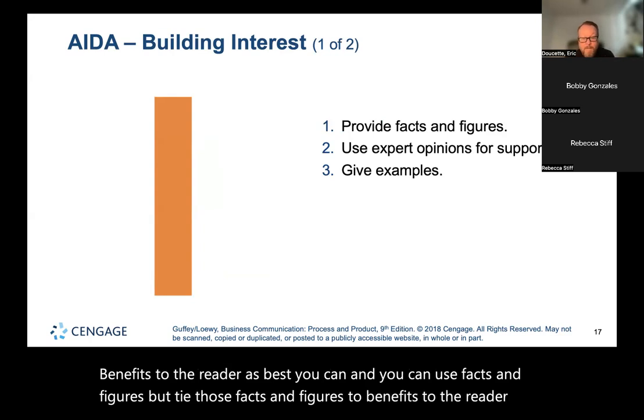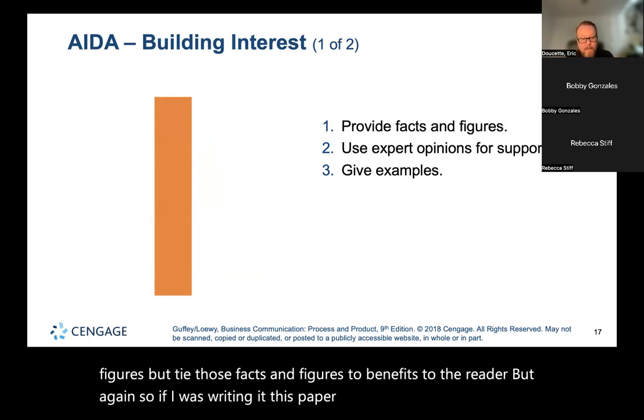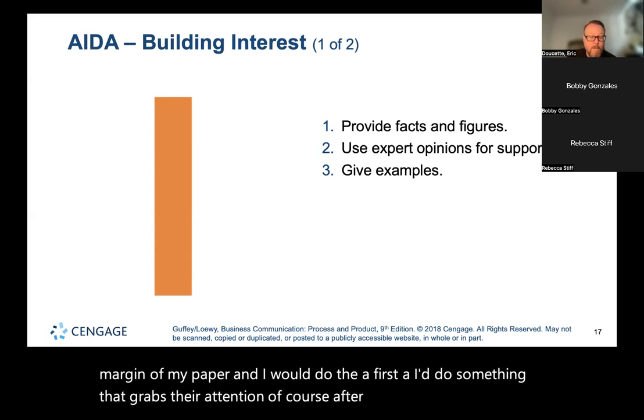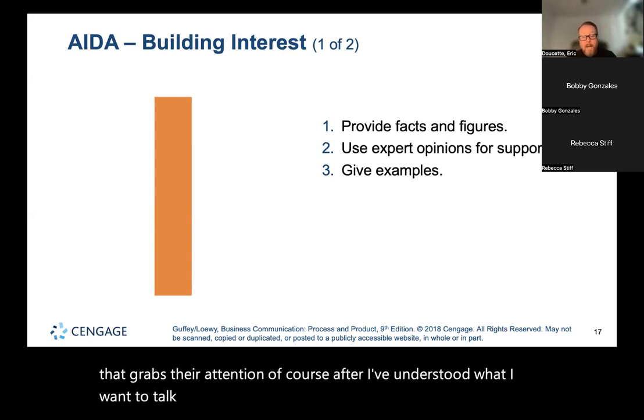But again, if I was writing this paper, I would put AIDA down the margin of my paper, and I would do the first A. I'd do something that grabs their attention. Of course, after I've understood what I want to talk about, then I would outline my I section.